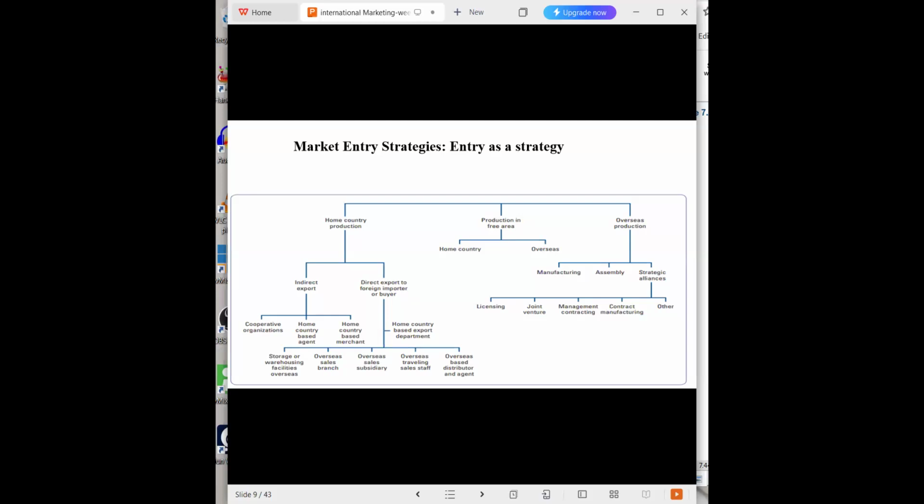So they have to ensure that the intermediaries are getting the products, and taking them to wherever you want them to take them. So direct export here is saying that the organization is responsible for managing the trade activity.